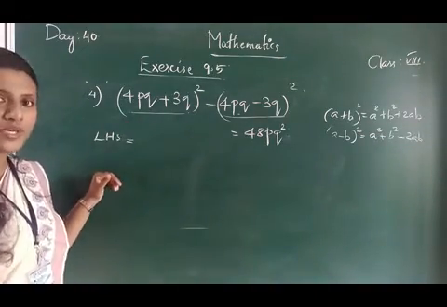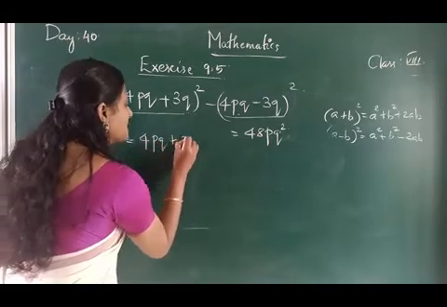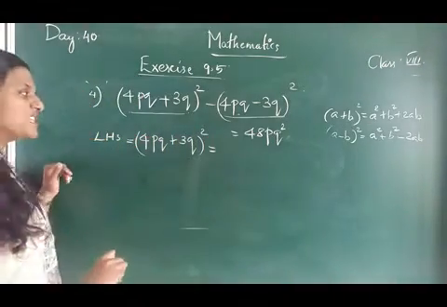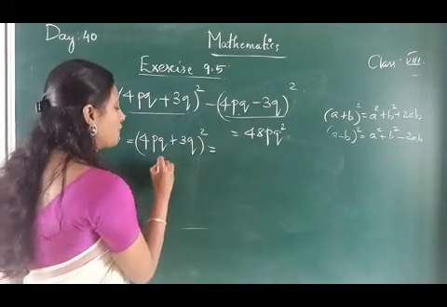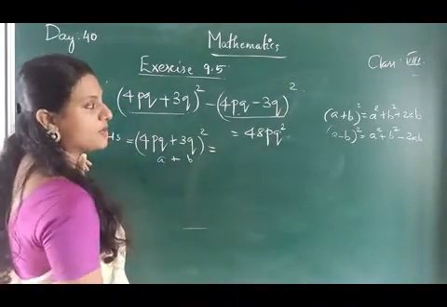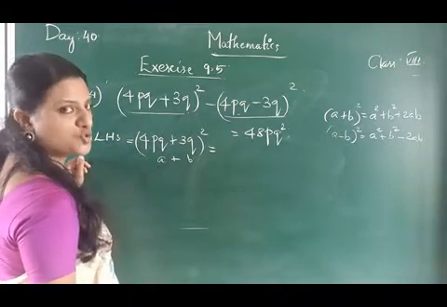Okay, so first we are simplifying 4pq plus 3q the whole square. What is 4pq plus 3q the whole square? So this is of the form a plus b the whole square. And what is a plus b the whole square? It is a square plus b square plus 2ab.